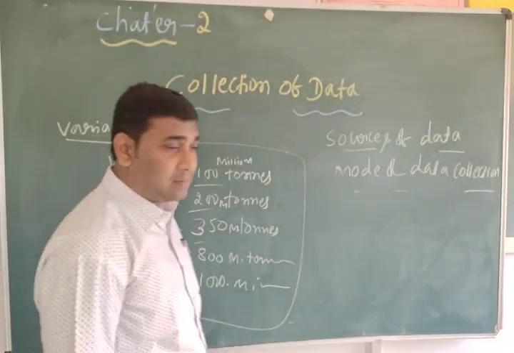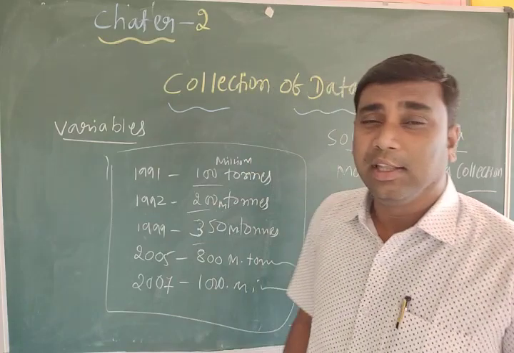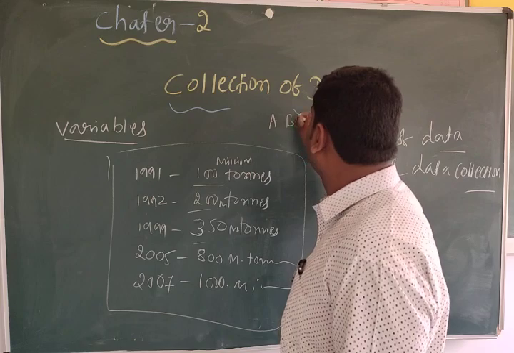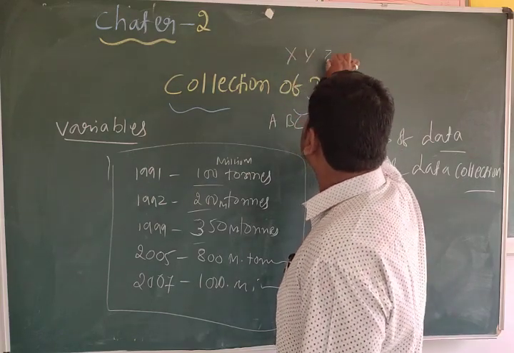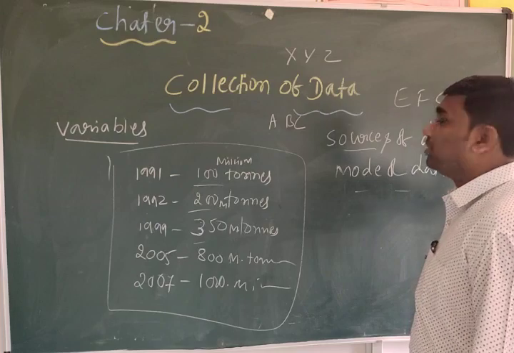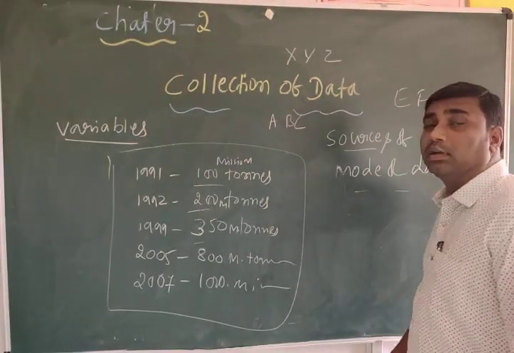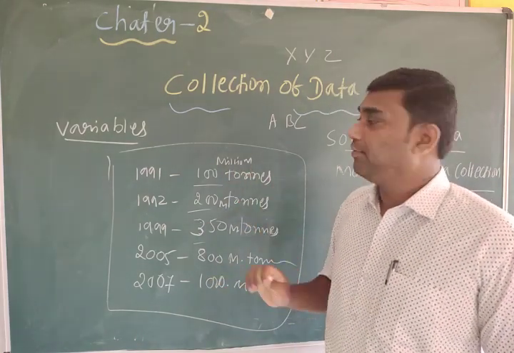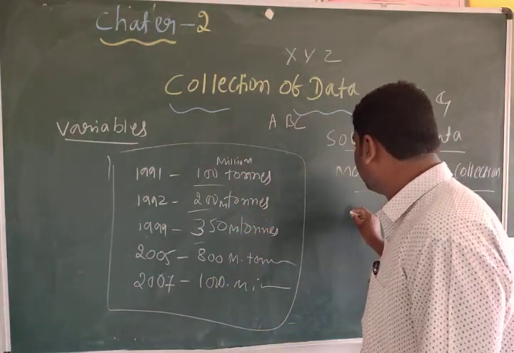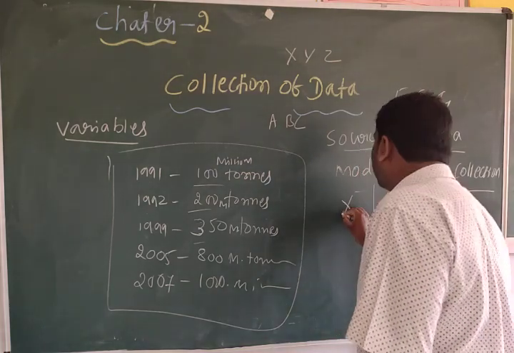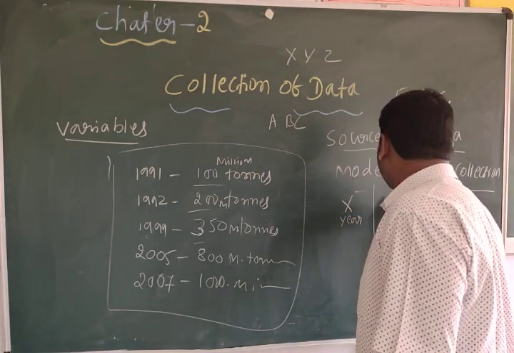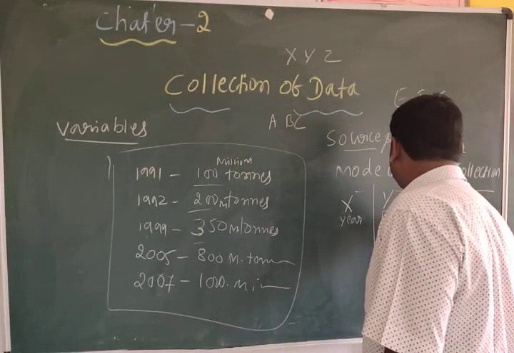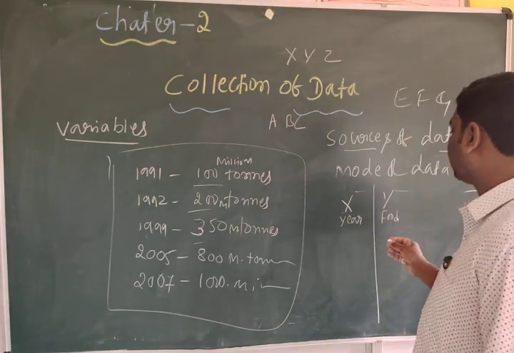Actually, the variables can be explained in the form of letters, that is A, B, C, or X, Y, Z, or E, F, G, like this only. Through this way we can express the variables. For example, the same information: X is called year, Y is food production in million tons.